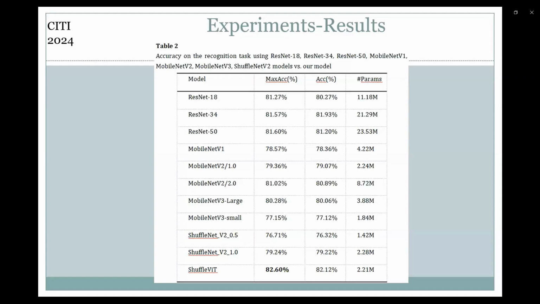It is 2.31% higher than MobileNet V3 large, and 5.45% higher than MobileNet V3 small. For the ShuffleNet family of convolutional neural networks, ShuffleViT is 12.83% more accurate than ShuffleNet V2.